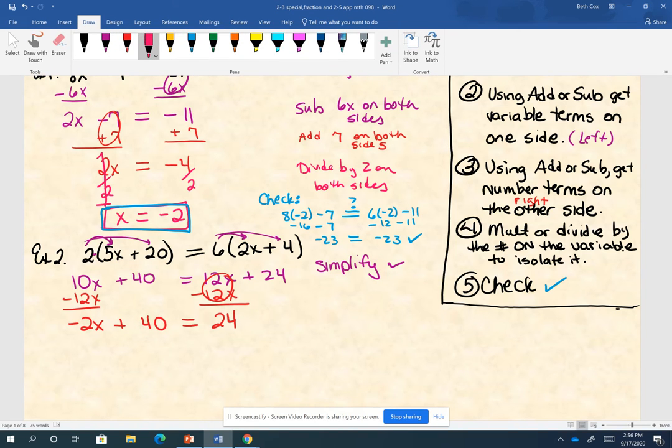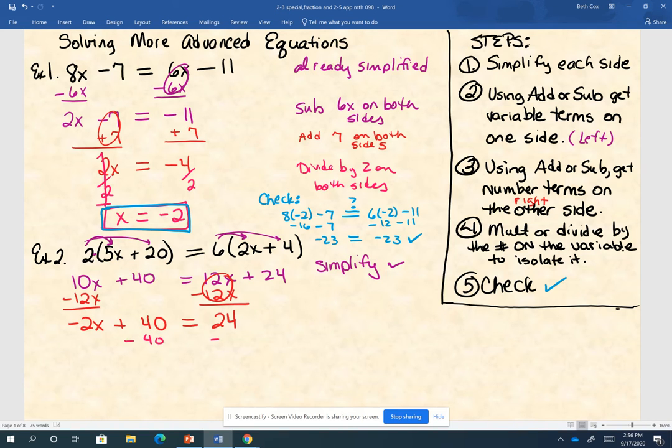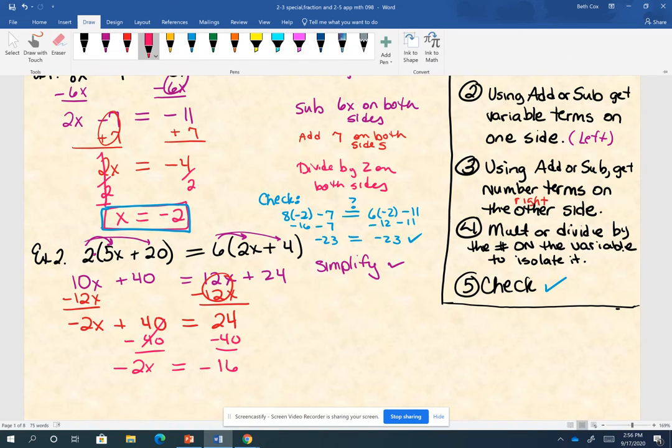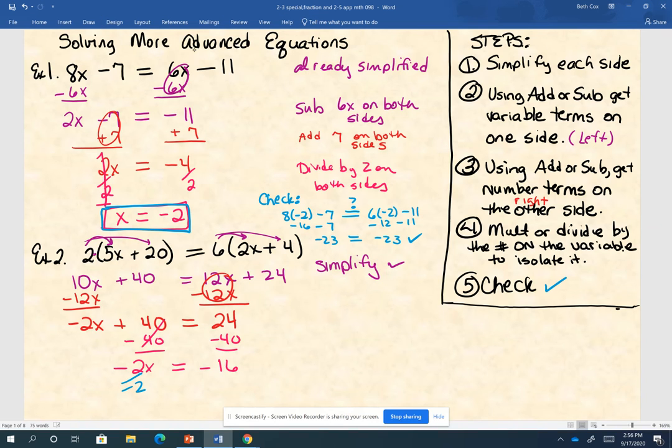Okay, now using add or subtract, I'm going to get the numbers on the other side. So I'm going to subtract 40 on both sides. And as I do that, I'm going to have negative 2x is equal to negative 16. Okay, and then I'm going to divide both sides by negative 2. And x is equal to 8.